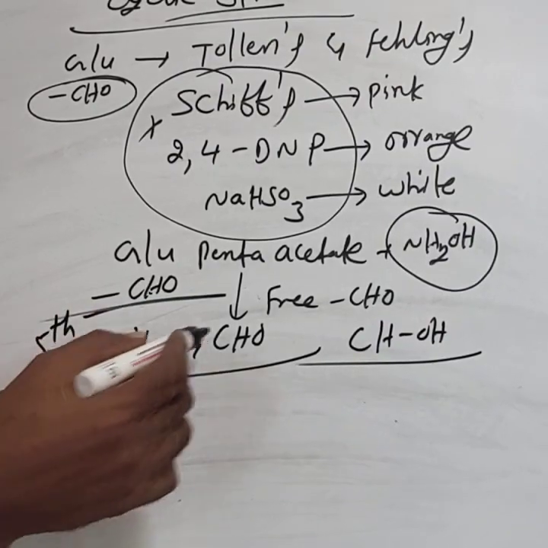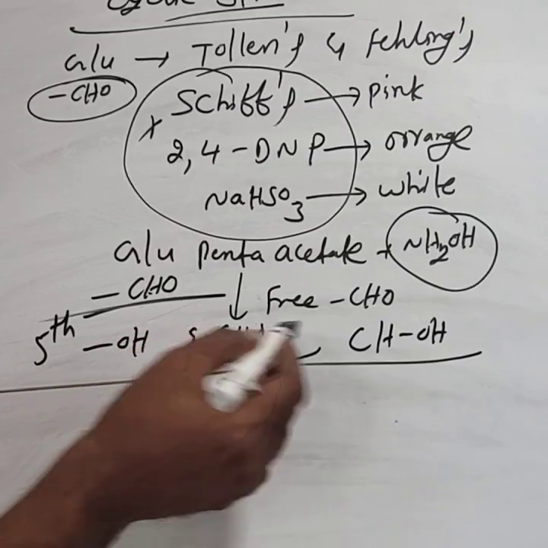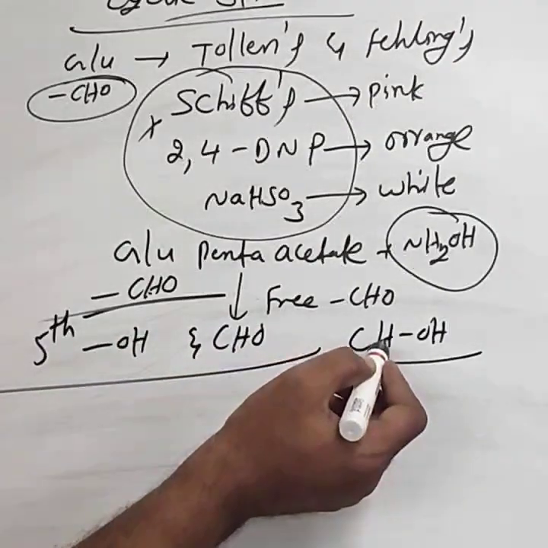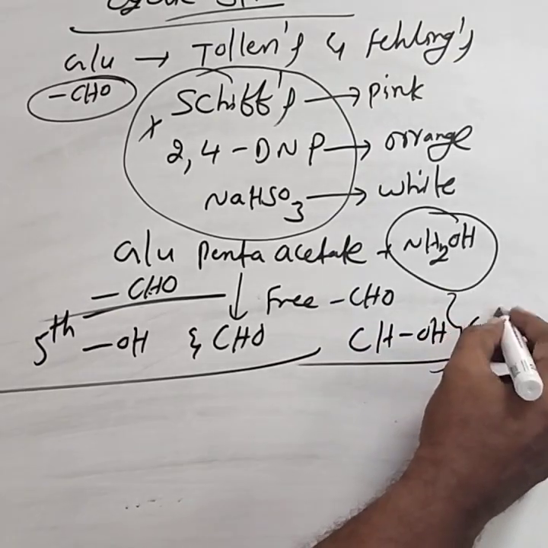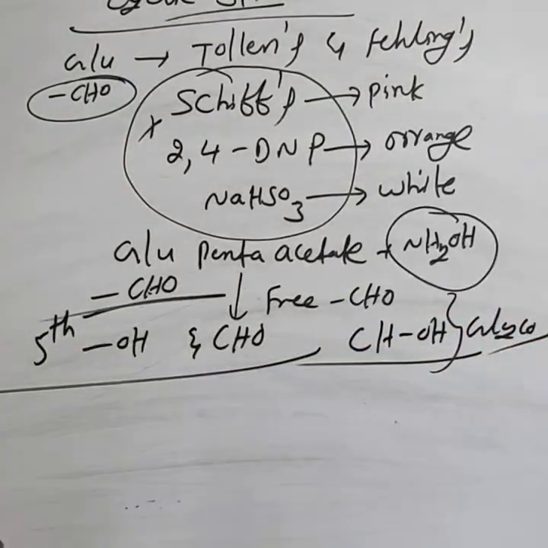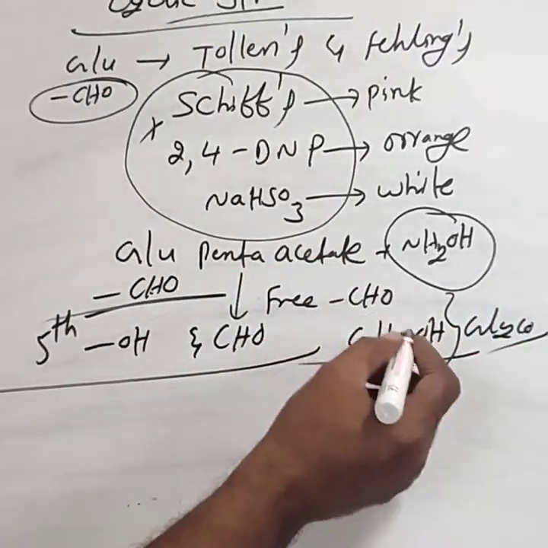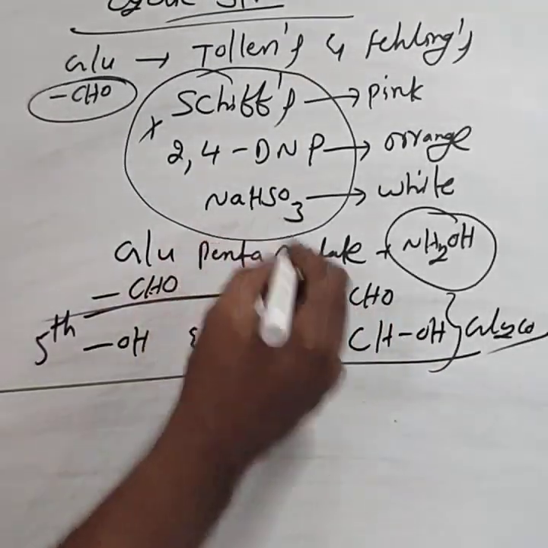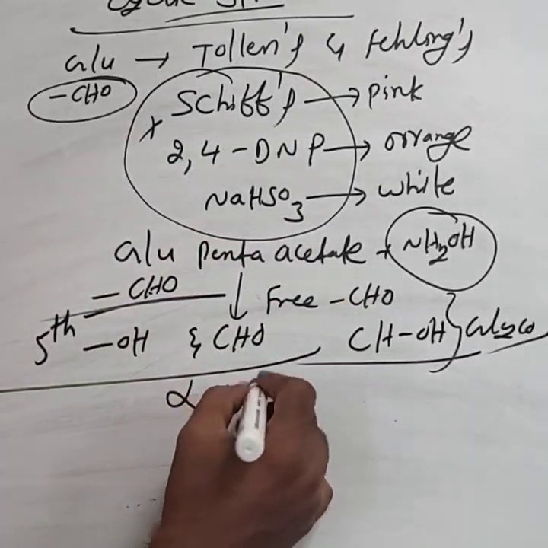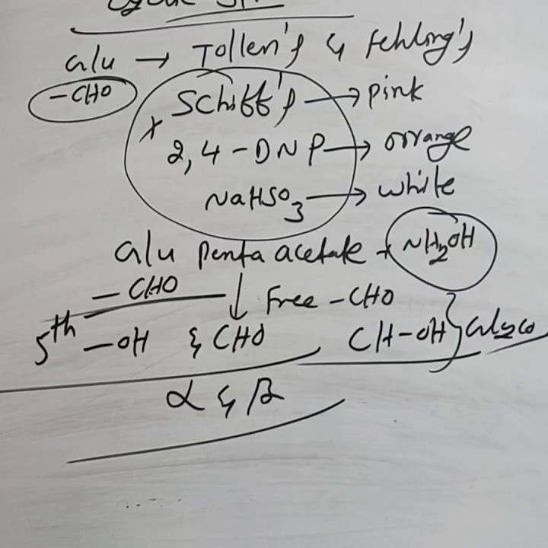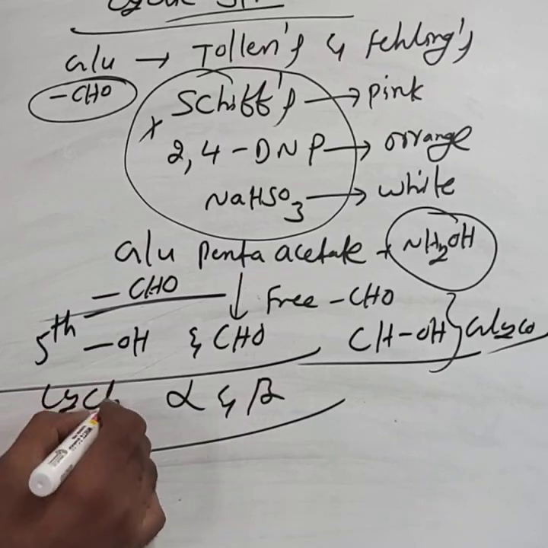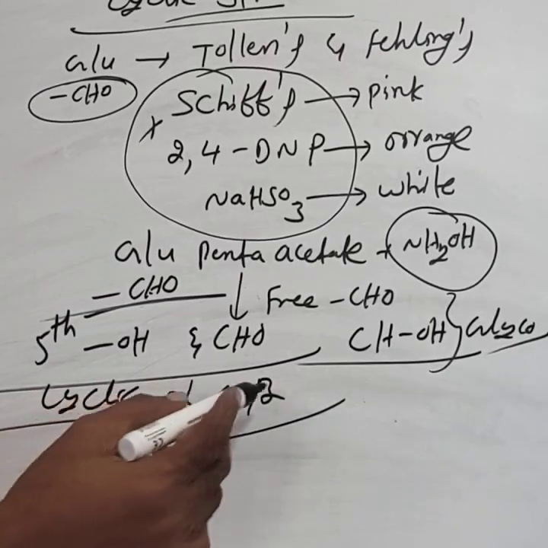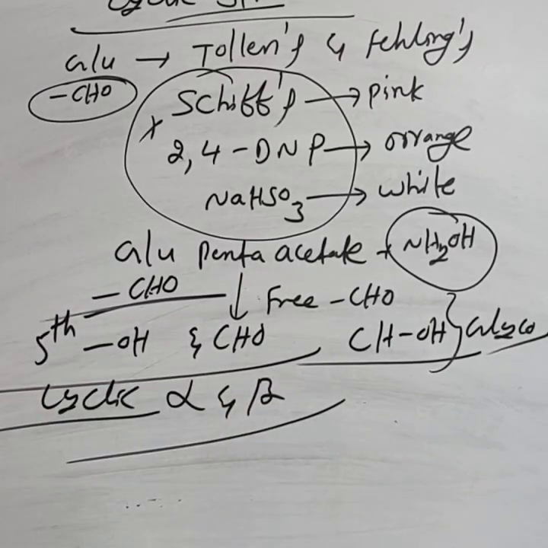That OH group combines with the CHO, forms CHOH, and forms a glycosidic linkage. Thereby glucose exists in alpha and beta forms. That is in the cyclic structure; in the cyclic structure, glucose exists in alpha and beta form.